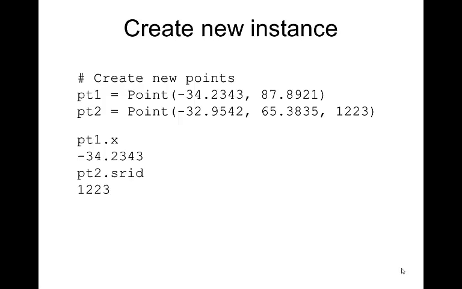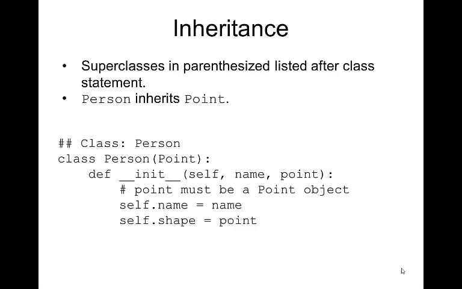Here I can just do point1.x, and that returns me the x attribute of my first point. point2.srid returns me the srid of the second object. Very simple. So that's how you create the basics. I'm giving you this code in the absence of the other code that's around it, but you'll experience that as part of the practical.